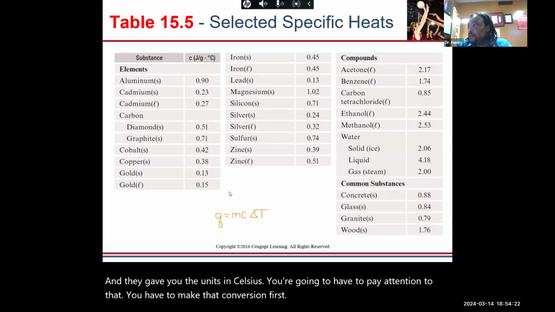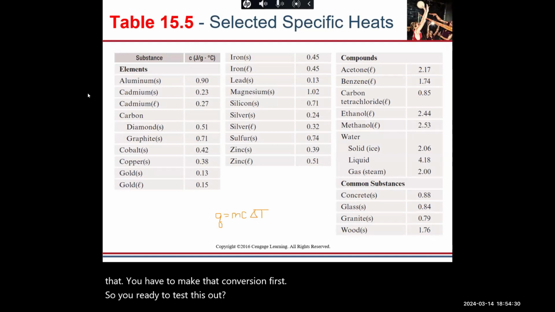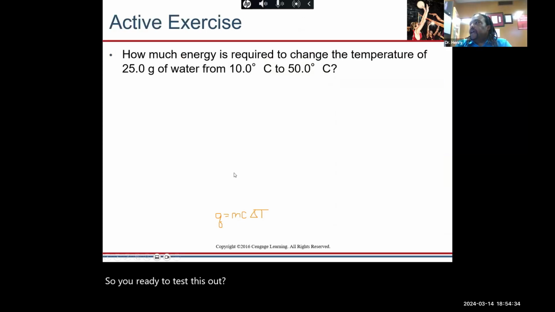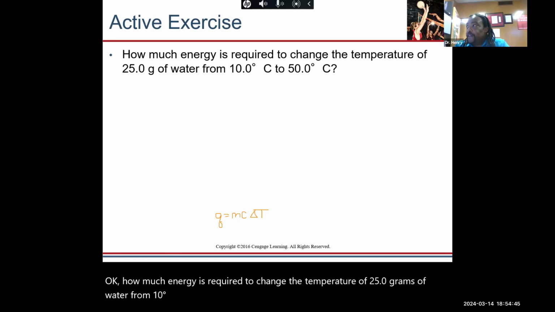Okay. So you ready to test this out? Okay. How much energy is required to change the temperature of 25.0 grams of water from 10 degrees Celsius to 50 degrees Celsius? Okay.